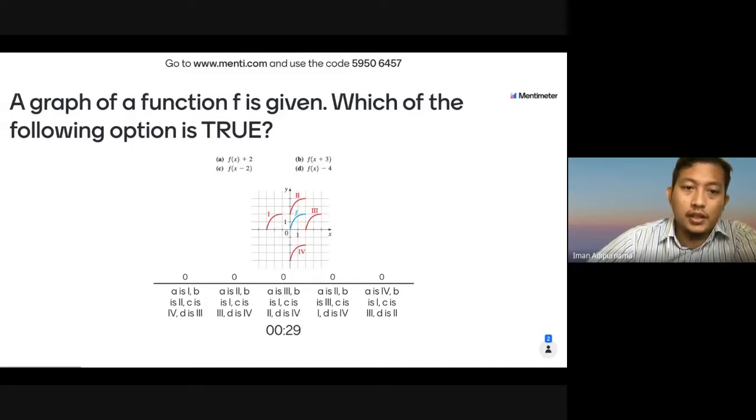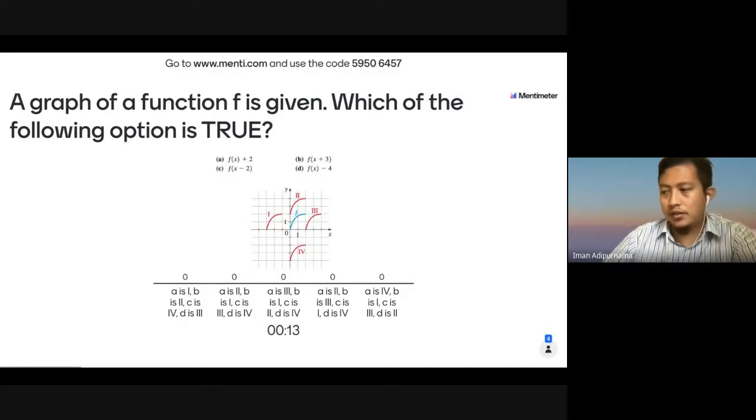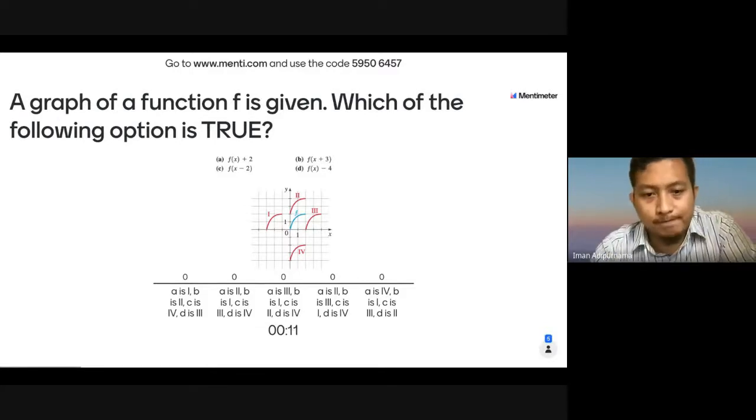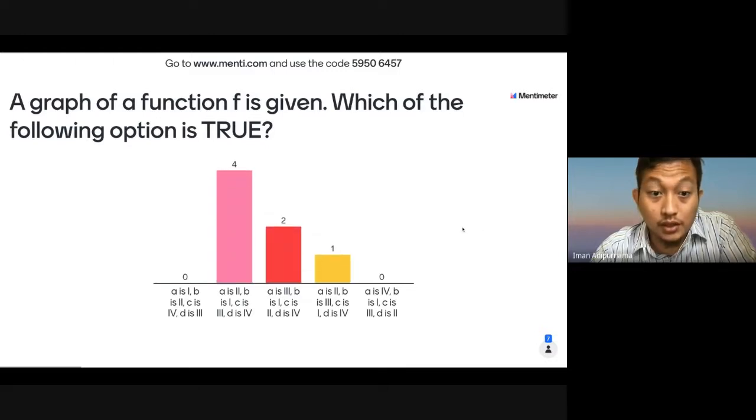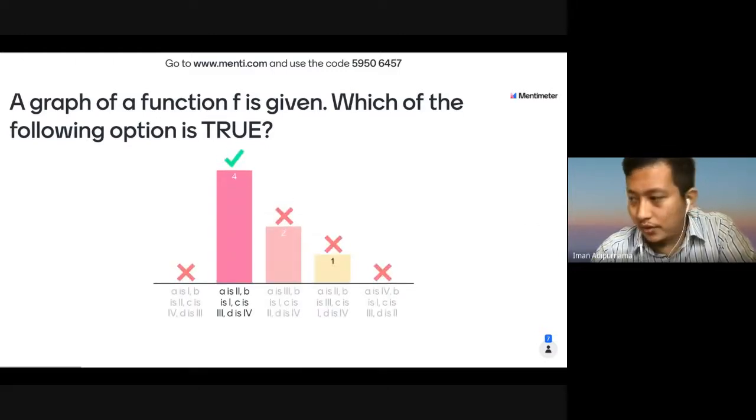So from statements A, B, C, D, A is which number, B is which number, C is which number. 15 seconds. Need to think fast. 3, 2, 1. Okay, time's up. Let's see if you're getting the correct answer. Okay, good. All right. Next one.